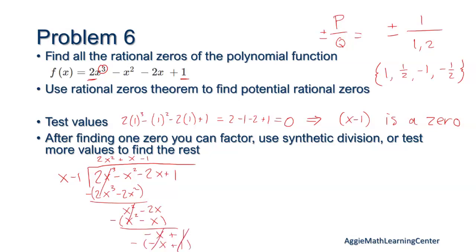Okay, so after dividing, we know that 2x cubed minus x squared minus 2x plus 1 can be rewritten as x minus 1 times your quotient, 2x squared plus x minus 1.